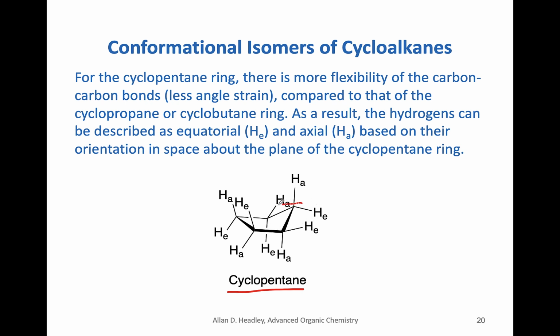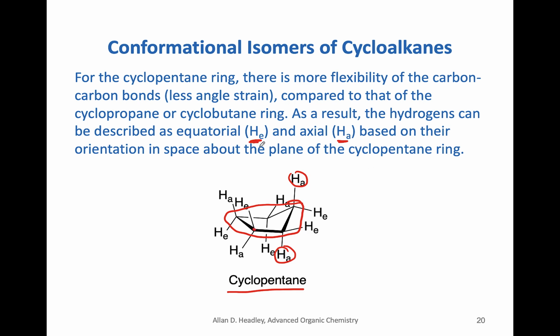For the cyclopentane ring, the equatorial hydrogens will be sitting in the same plane as here. If you have a model set and build it, you can see it, of course without breaking it because of the strain. There's a little strain there. And the hydrogens that are above and below are described as axial.